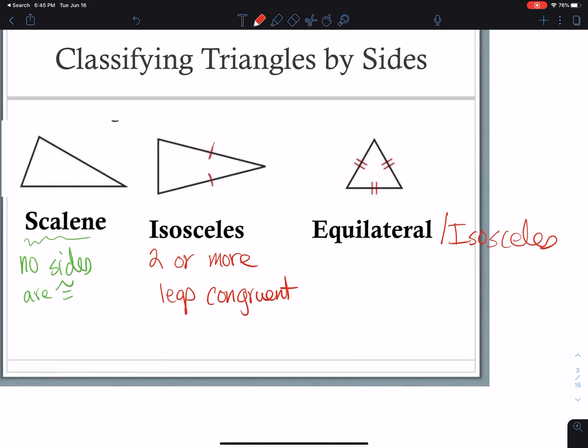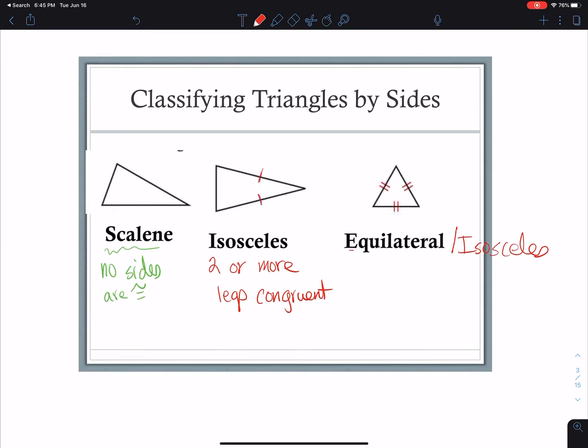So equilateral, that means equal lats, so that means equal sides. Since I'm here, I do want to bring up, if it's equilateral, by default, it's equiangular. Equiangular obviously means equal angles.